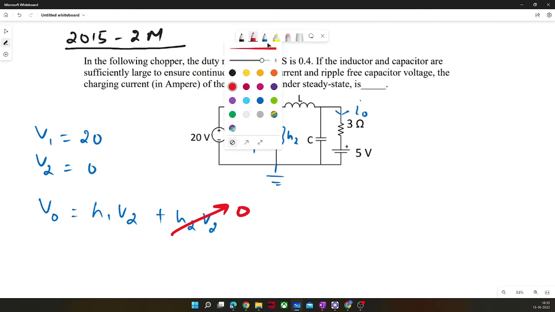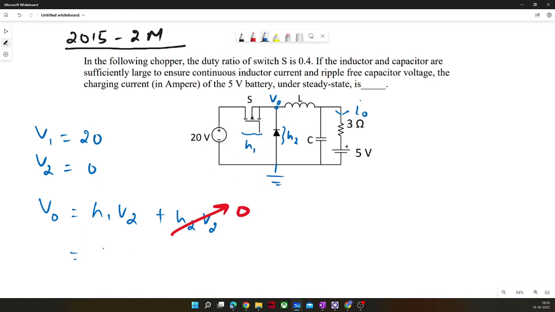Now I need to find H1, and the H1 average value is the duty ratio of the switch S, which is given as 0.4. So you can directly take 0.4 times V1, which is 20. If you calculate, it will come out to be 8 volt, fine.